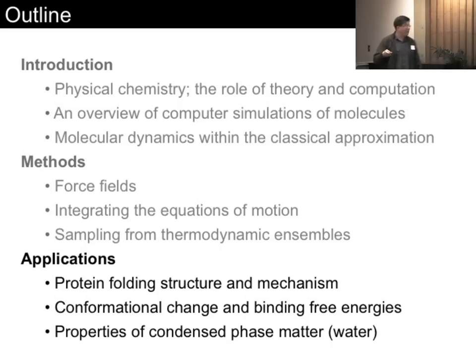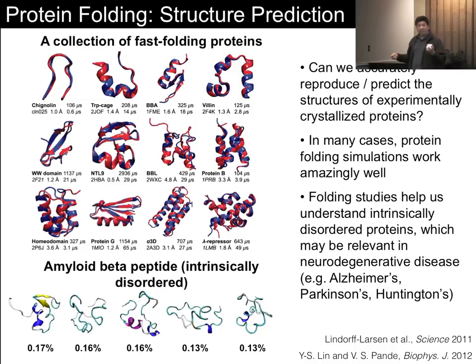So with that, I'm going to go into some applications of molecular dynamics. I'm going to show you some quick examples of things that have been going on in research here. One of the things that the Pande Lab has been doing for a long time is studying the protein folding problem.